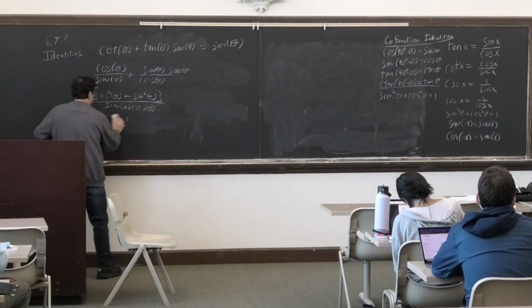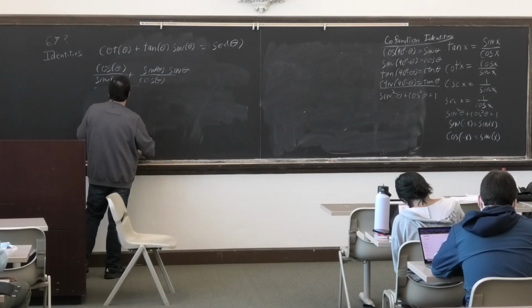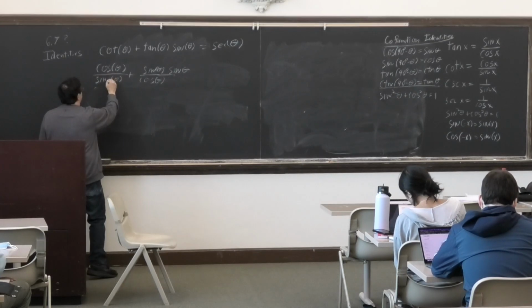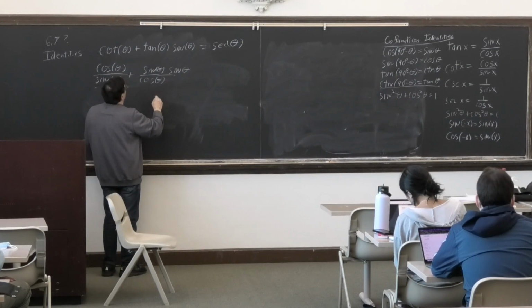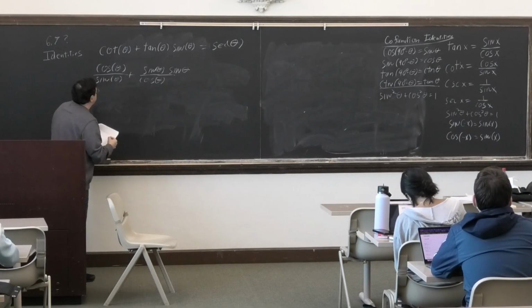I think I flubbed, but I'm going to back up a little and see if I can unflub myself here. Well, this is definitely cosine over sine. And this is sine over cosine times sine.